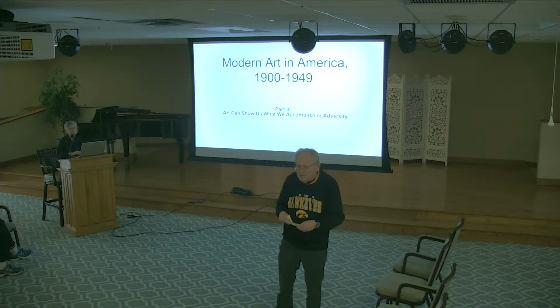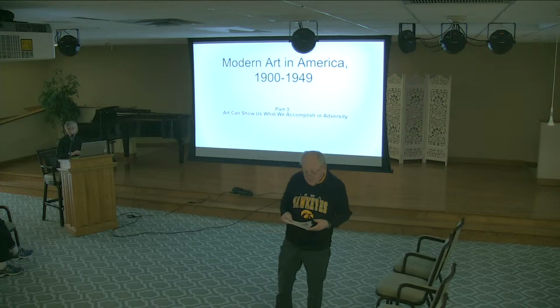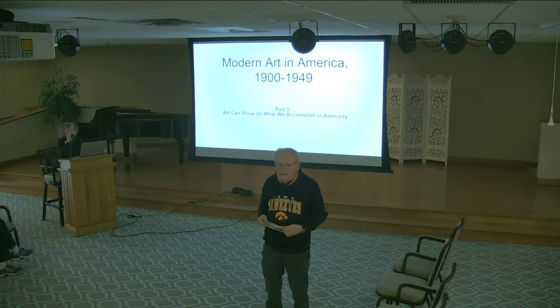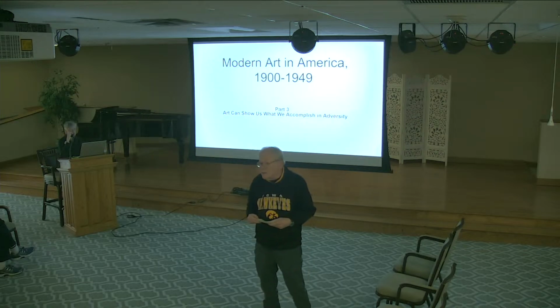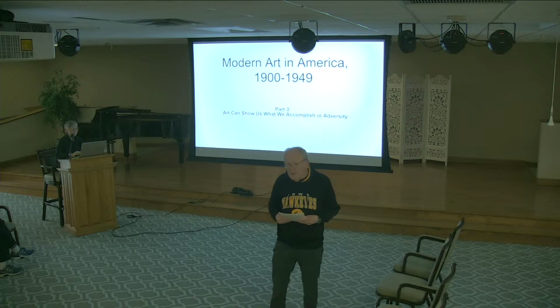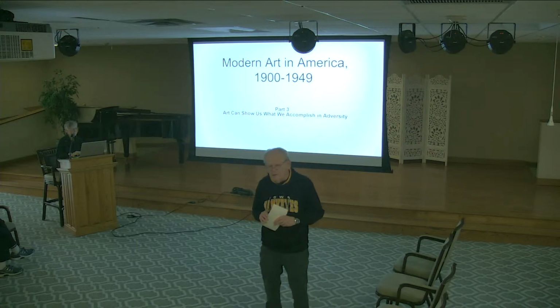Okay, well, let's go back to our period. Let's go back to the period that I want to discuss today. And our period is the 1930s. And of course, the 1930s was distinguished by the Great Depression. That wasn't the only disaster that was going on during the 1930s.